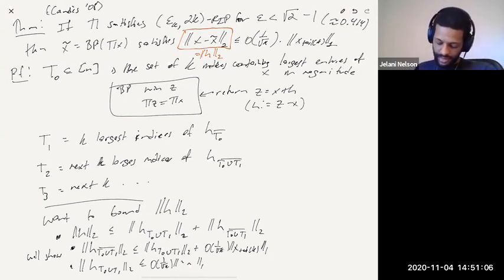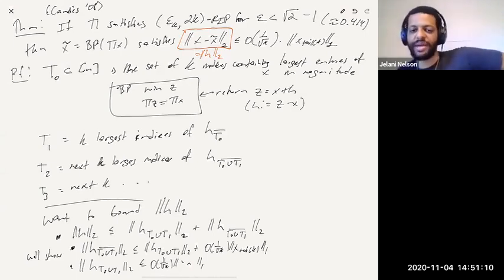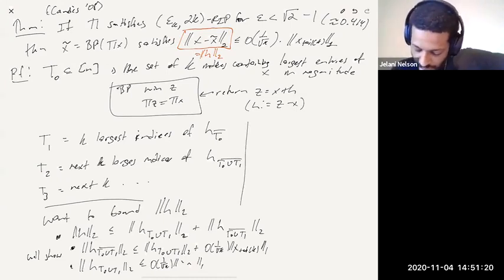Okay, so first let me state a lemma. I'm not 100% confident that I'll have time to prove the lemma. It's not that complicated of a lemma, but I'll write it down, and then I'll show you that once you have that lemma, you can prove Candès's theorem.